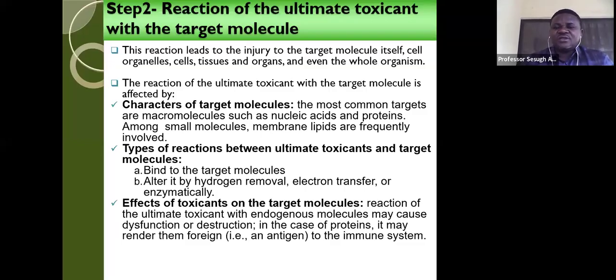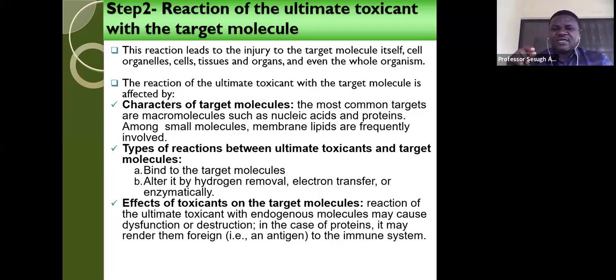So if you are good at resisting attack, then you might go with minimal injury. But if you are the type that cannot react or act, it will be very bad. So the character of the target molecule, that's the molecule the chemical is coming to attack, depends on the character.